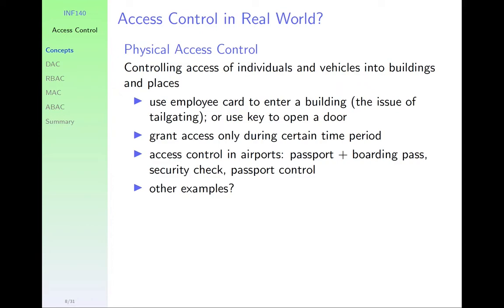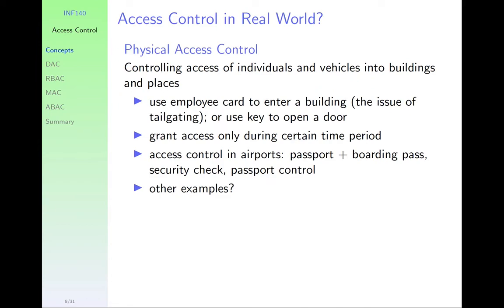The first thing we need to provide before we can enter is, especially when we travel abroad, our passport and also boarding pass. We scan our boarding pass, and in some situations an official staff member will check our passport to see whether our identity matches the name on the boarding pass. This is the first step of access control.